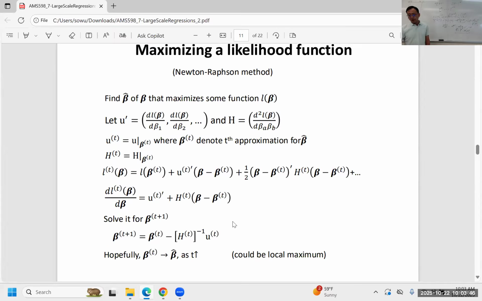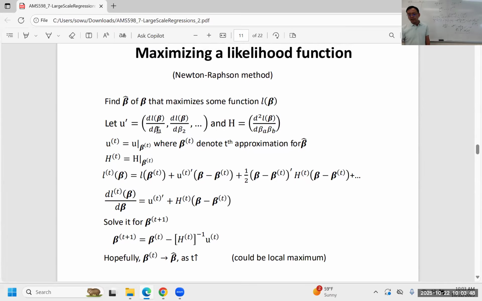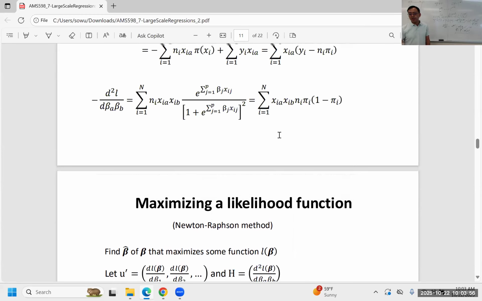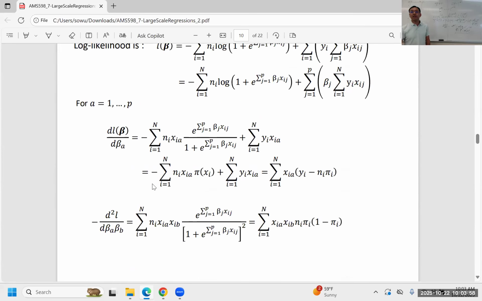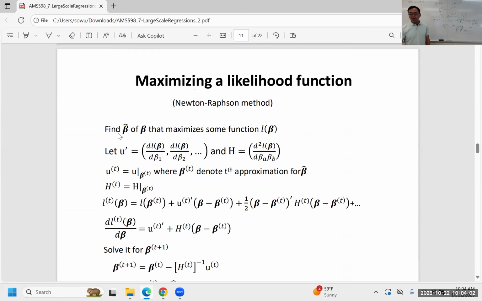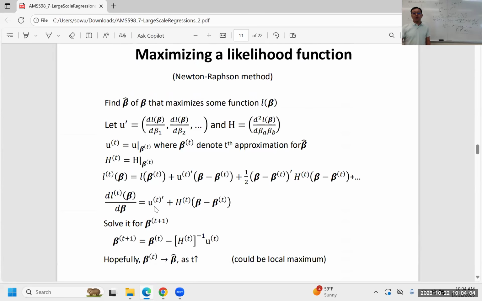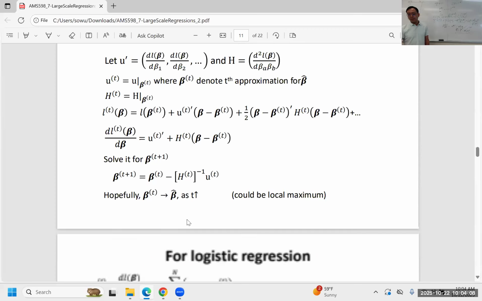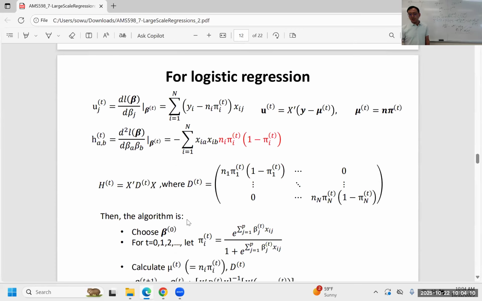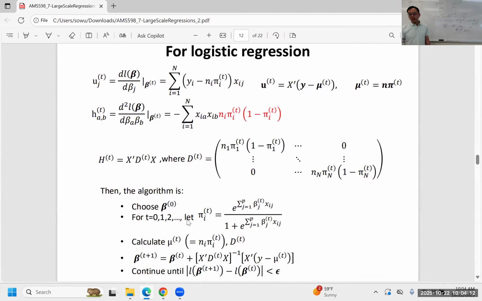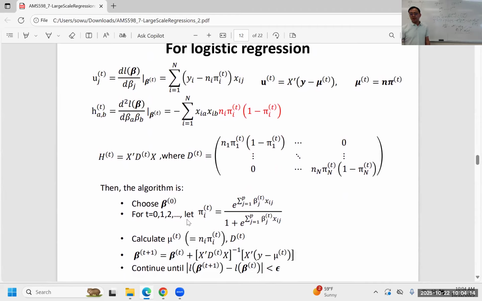Luckily, for the log-likelihood function, we already have the first order and second order, the score vector and the Hessian matrix, evaluated. Remember, this is what we did here when we were setting up the problem. So if we plug this framework into the logistic regression problem, what you are doing now is just the details.